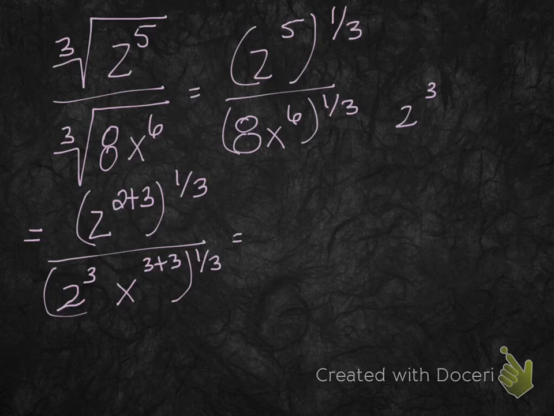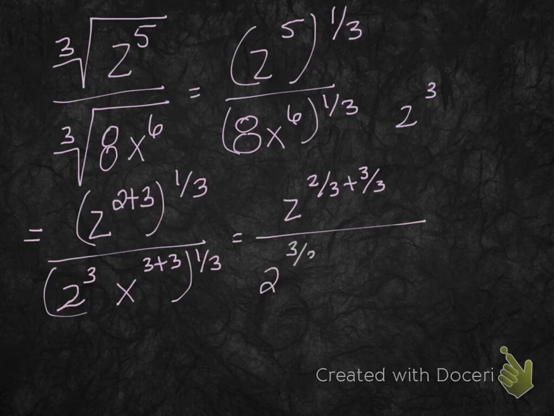I'm going to distribute again, so this gives me z to the 3/3 plus 2/3 over 2 to the 3/3, x to the 3/3 plus 3/3. Let's go back and reduce our fractions again.